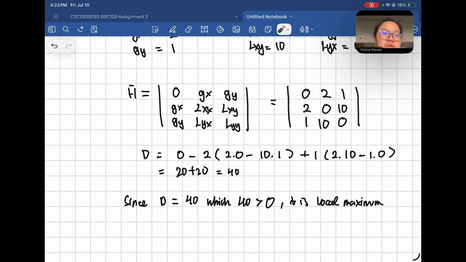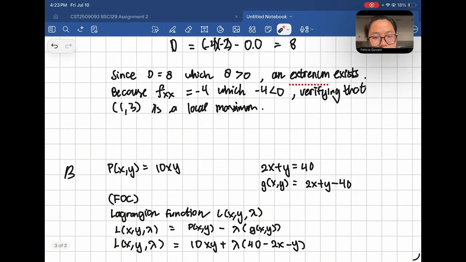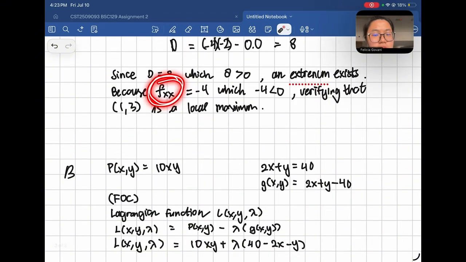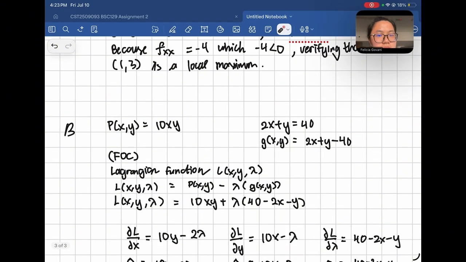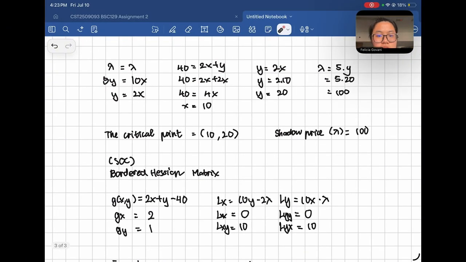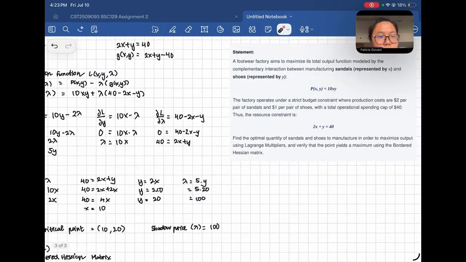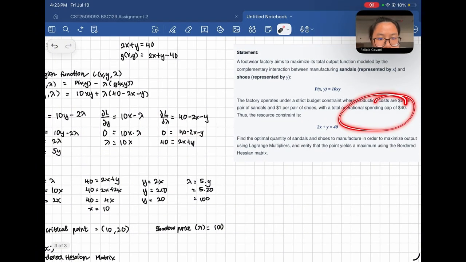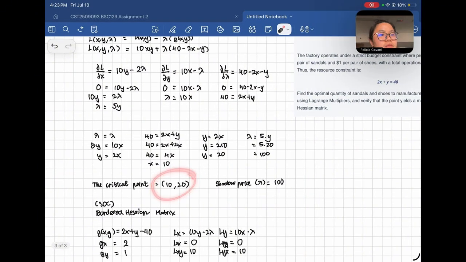Here there's something special: we no need to search the second derivative again, because for the bordered Hessian, if the determinant is more than 0, we can directly conclude this is the local maximum, and the critical point of 10, 20 is the most optimal maximum of the product with respect to this constraint. So this is the most optimal number of products that can be produced.